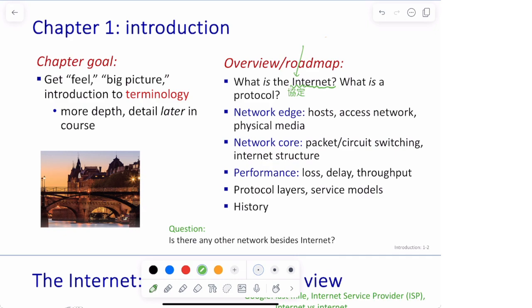For example, there are different network architectures. Some architectures guarantee your packet will be delivered successfully without any loss. But some architectures, indeed, do lose your packet, your message.